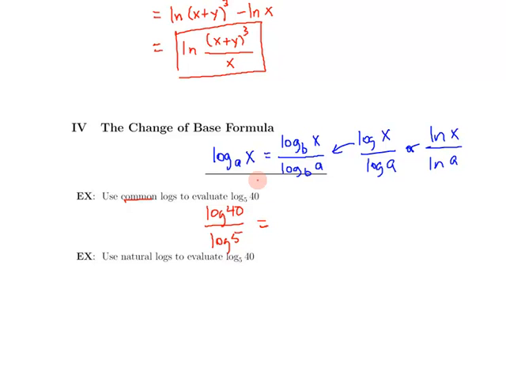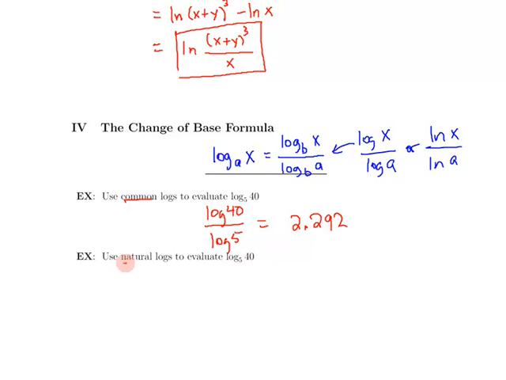If I do that in my calculator, I take 40, take the log of it, take 5, log of it, and divide the two, I get 2.292, which makes sense because 5 squared is 25, 5 cubed would be 125, 40 is somewhere between 25 and 125. So this makes sense.